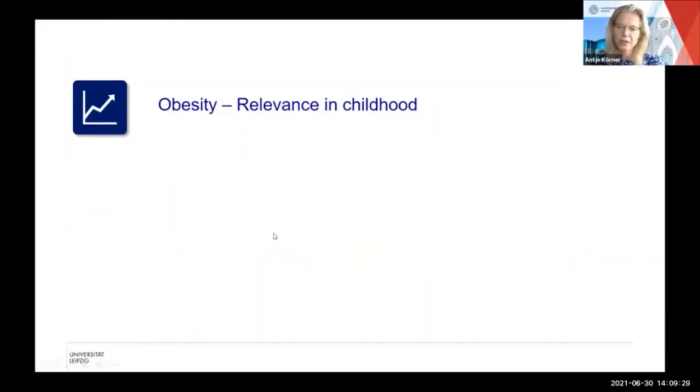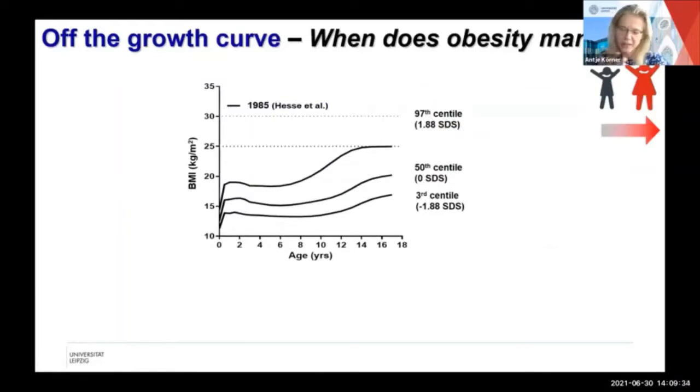Starting with the relevance of obesity in childhood, I think this is quite clear from a common sense perspective. But if we want to look into the prevalence of the problem, we need some data. Maybe to start with, for those of you who may not be as familiar with working with children, how is obesity defined in children?